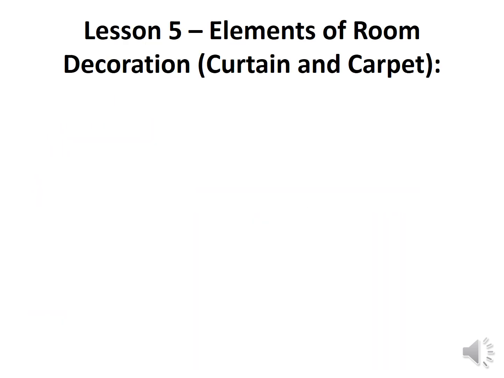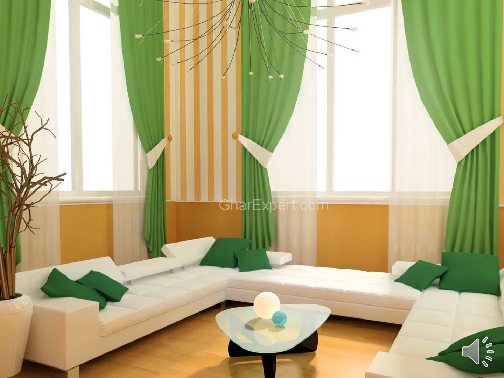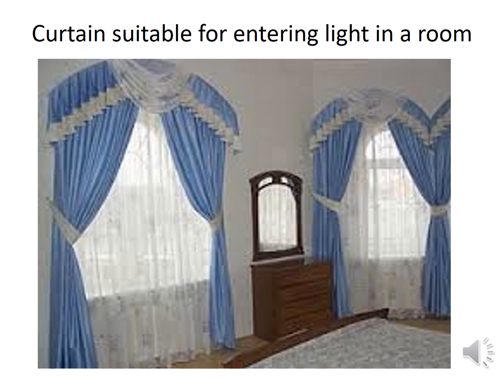Now lesson 5, elements of room decoration. Other than these elements, we also put some other things like curtains and carpets, which help to enhance the beauty of our room. And this is the curtain. There are different types of curtains. You see, this is made with local garments. Sometimes some curtains are suitable for letting light into a room.